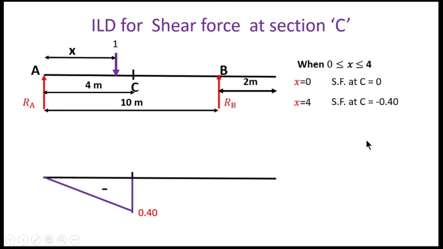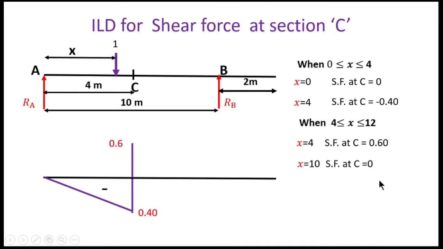Then the next limit is 4 to 12, that is x is greater than or equal to 4 and less than or equal to 12. In this case, again x is equal to 4, shear force is 0.6. So this positive means above the line, 0.6. Then x is equal to 10, shear force is 0, means at location B it is 0.